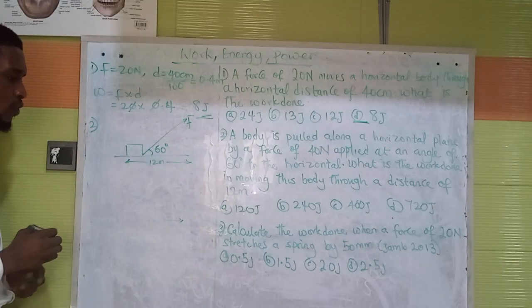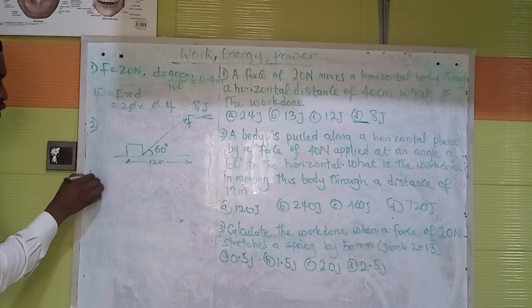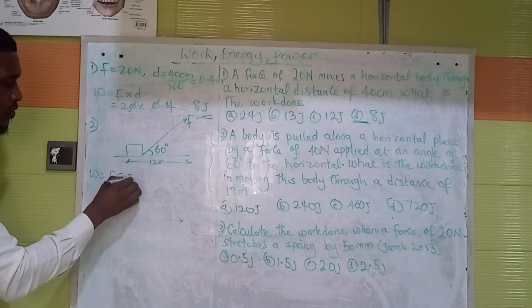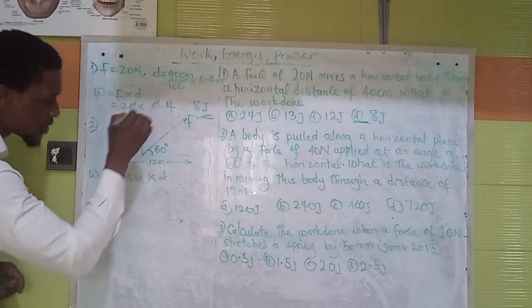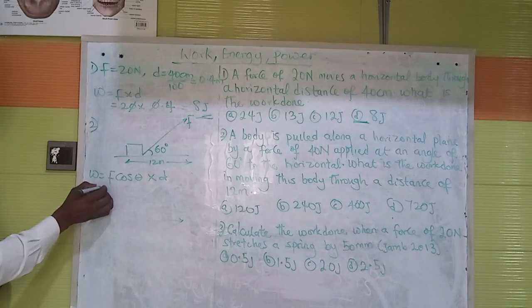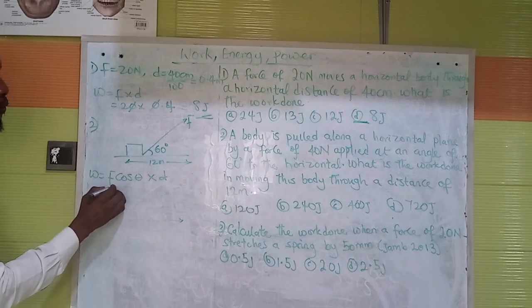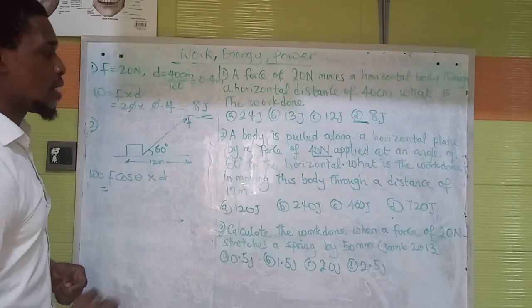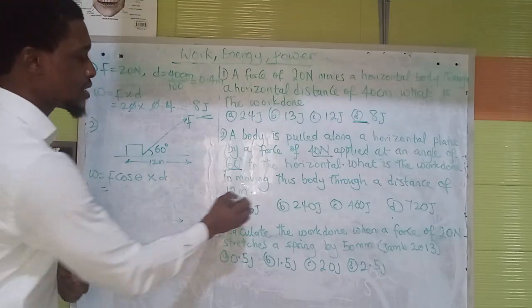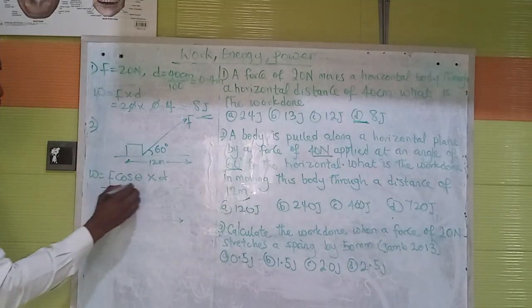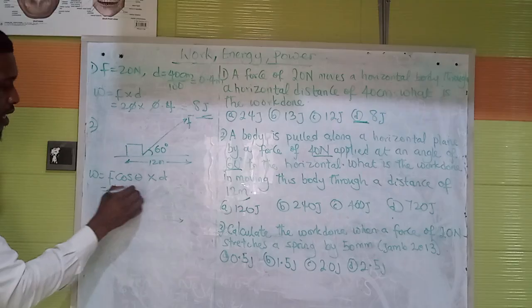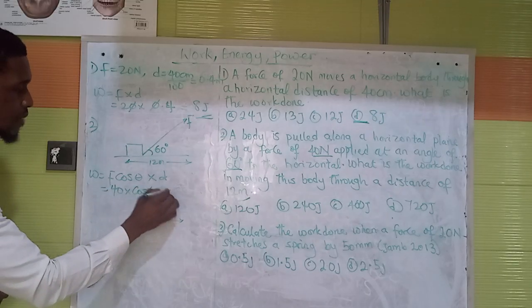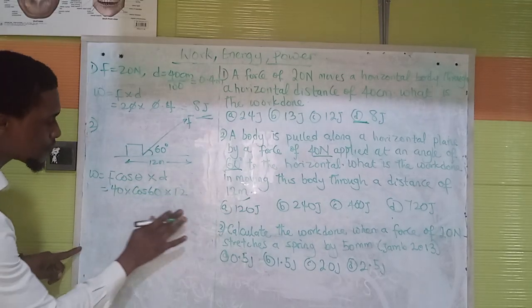So let's calculate the work done. From here, the work done is equal to F cos theta times D. So you have your force as 40 Newton, your angle as 60 degrees, and your distance as 12 meters. So we have 40 times cos 60 times the distance of 12.